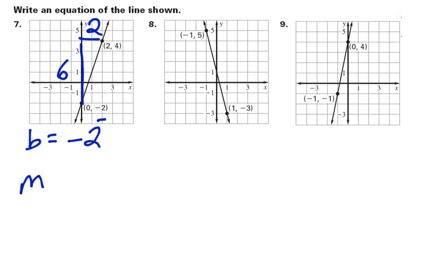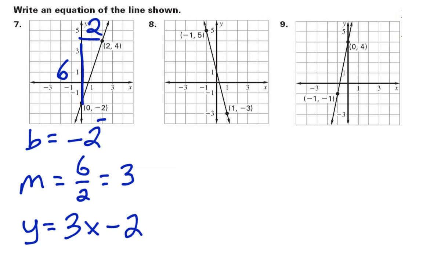So when I set up my rise over run, 6 over 2, and simplify that, I find out that the slope of this line is 3. Now that I know these two pieces, I can plug them in, just like I did with the previous problems, and write the equation of the line, which should be y equals 3x minus 2.